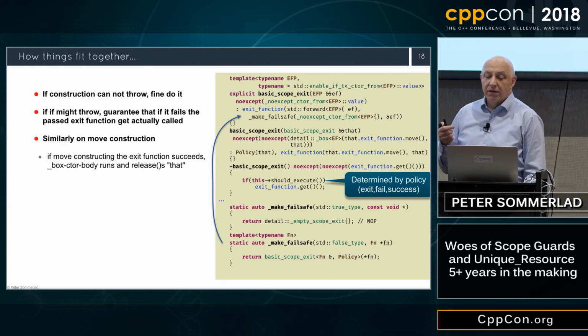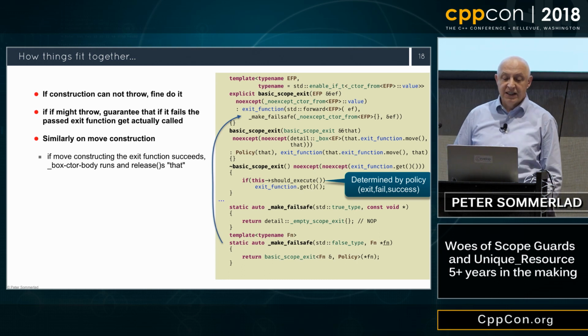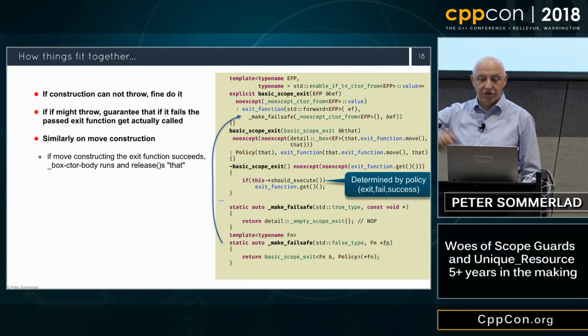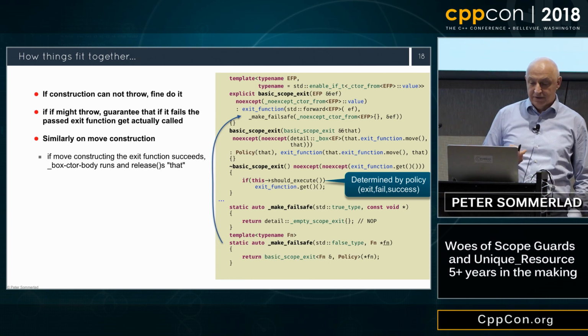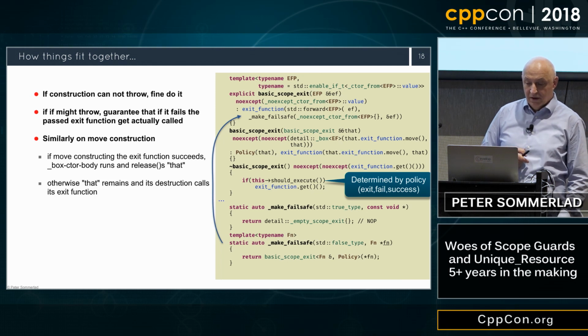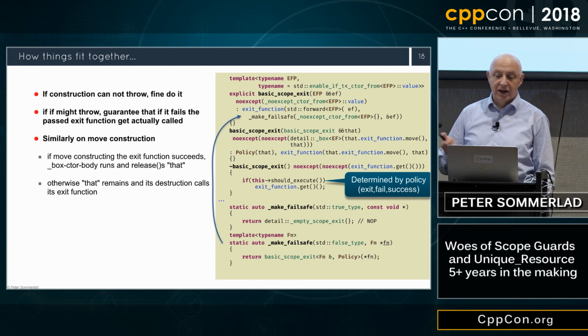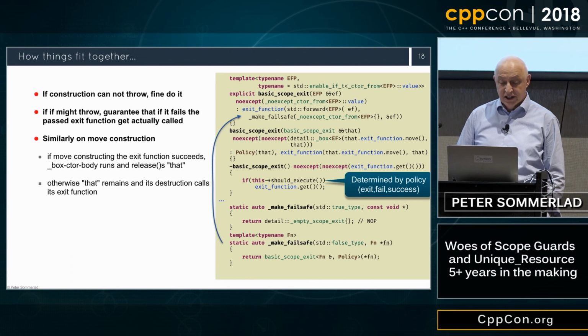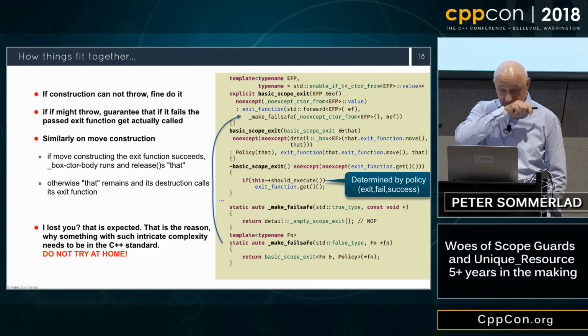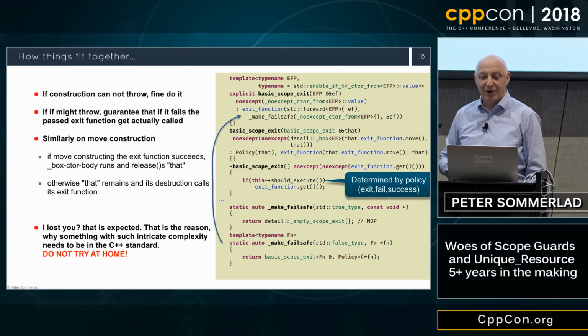So if the move construction of the exit function succeeds, the constructor body runs and releases the moved-from element, so it doesn't double delete. That's good. Otherwise, if the move or copy fails, you get the original intact. And if you don't understand what I'm talking about, I might not even understand it myself.